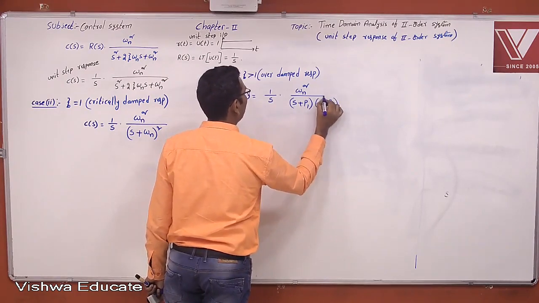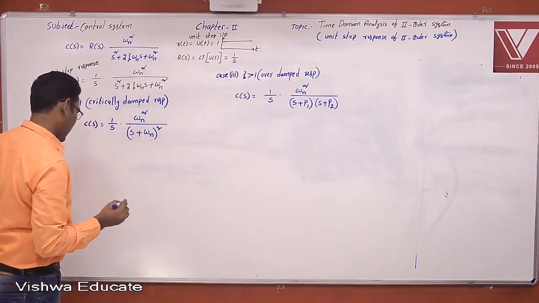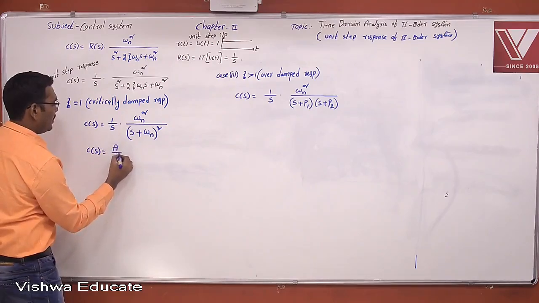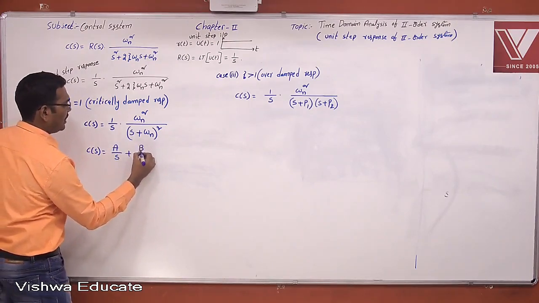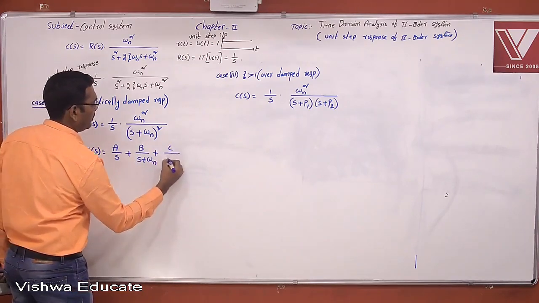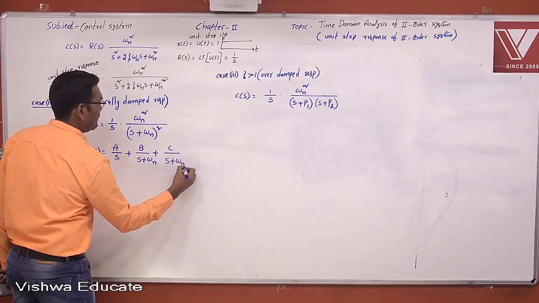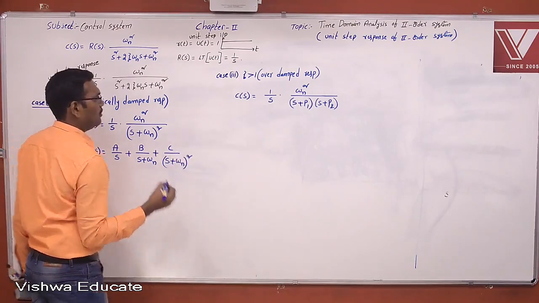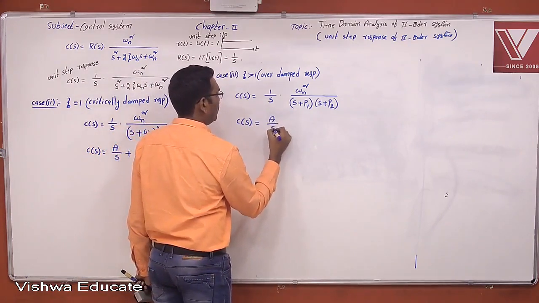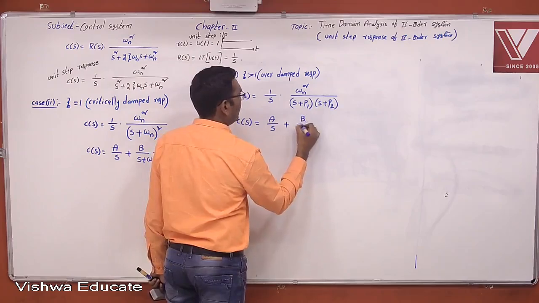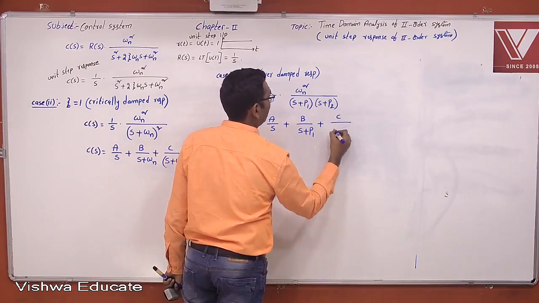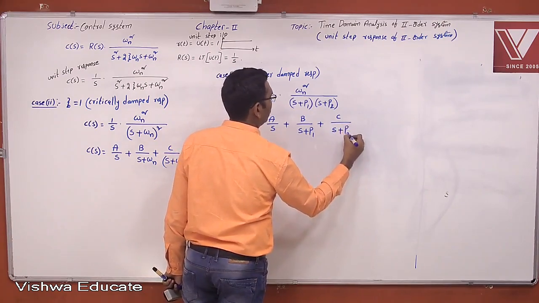The insignificant pole is not required, or you can take it also. Then C of S equals A by S plus B by S plus omega n plus C by S plus omega n whole square. For the overdamped case, C of S equals A by S plus B by S plus P1 plus C by S plus P2.